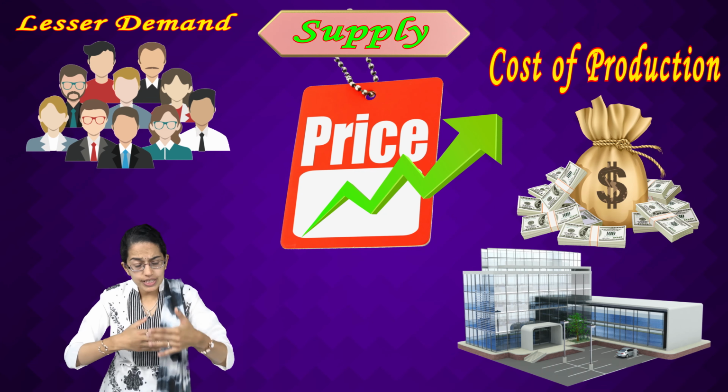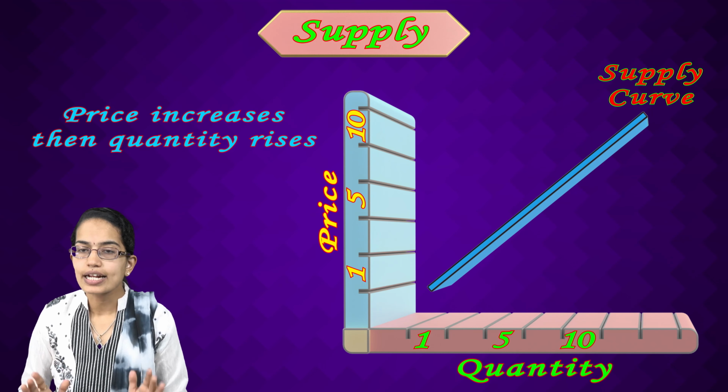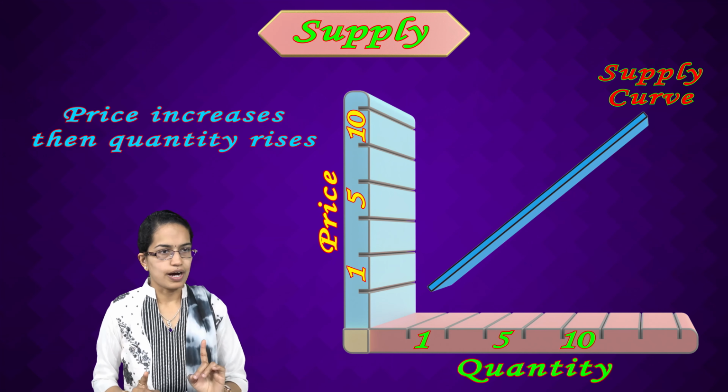And whenever we are talking about supply, there are numerous factors that govern it besides the price and the quantity that we have already said. So in this case, you would have a linearly increasing curve where price and quantity are directly related, not inversely related as in the case of demand.